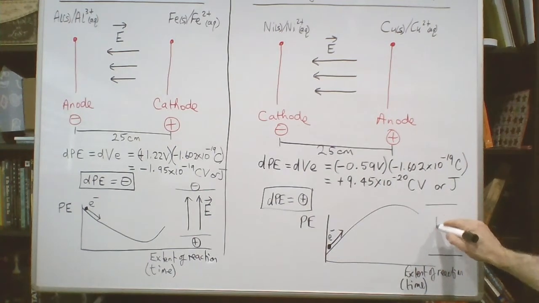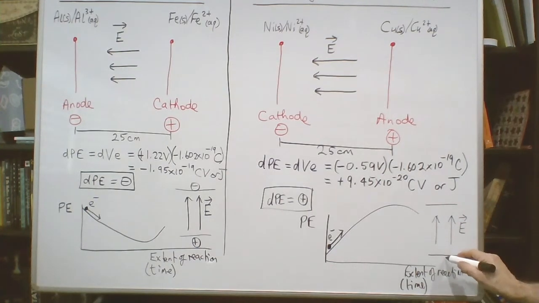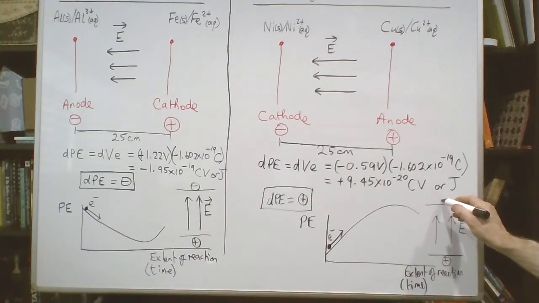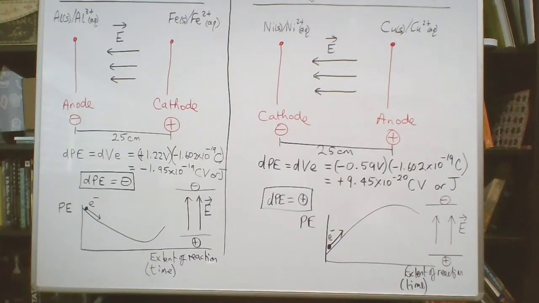So we would have the electric field going this way. We've got our positive electrode here, which in this case is the anode, and our negative electrode here, which in this case is the cathode.